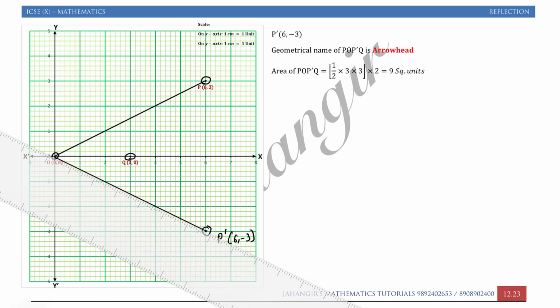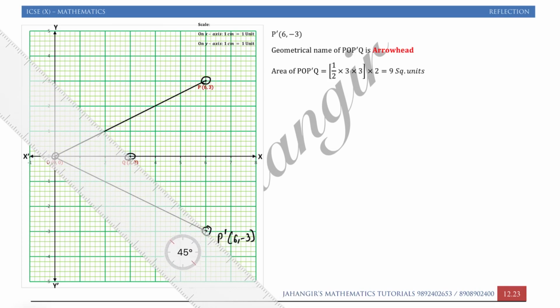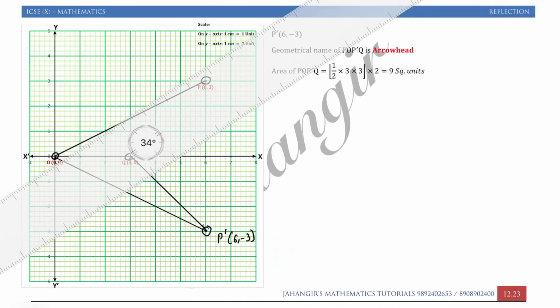And then P dash I have to join with Q. And first, it's obvious that first and last will be joined together.